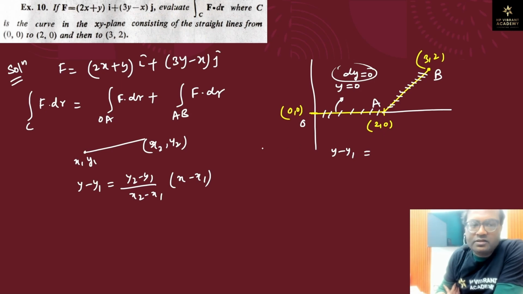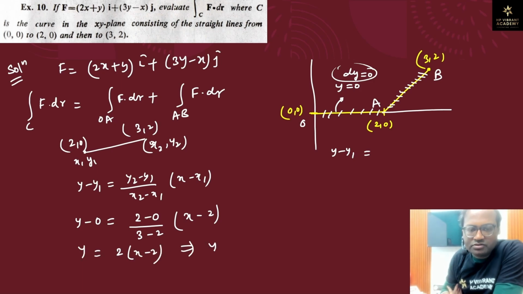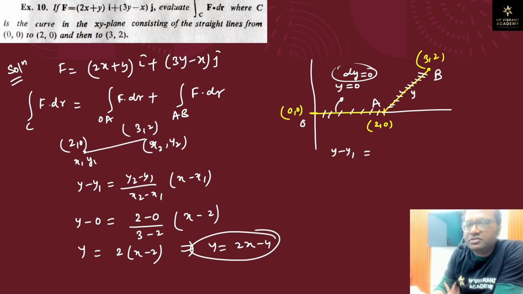So we have the coordinates as 2 comma 0 to 3 comma 2. So y minus 0 is equal to (2 minus 0) upon (3 minus 2) into (x minus 2). So y is equal to 2 times (x minus 2), so y is equal to 2x minus 4. So the equation of the straight line is y equals 2x minus 4.